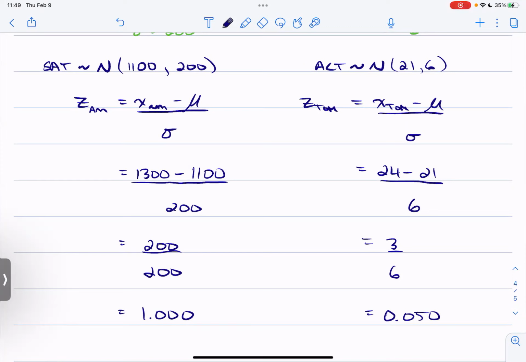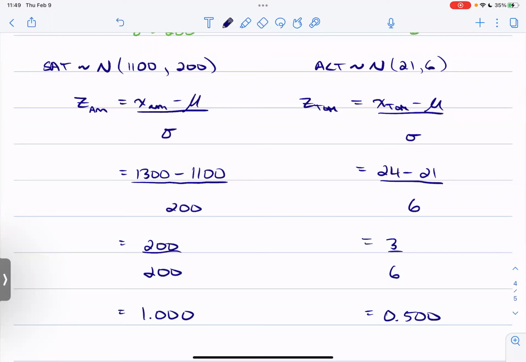I know it looks weird to write it with 3 decimal places, but later we're going to need it to at least 3 decimal places.